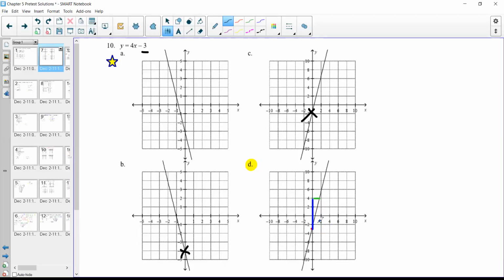It's not really clear to see. It must be off a little bit, but I'm not sure why I've got that highlighted like that, because up your slope is 4 over 1. Maybe it moved. If I go up 2, 4 over 1.